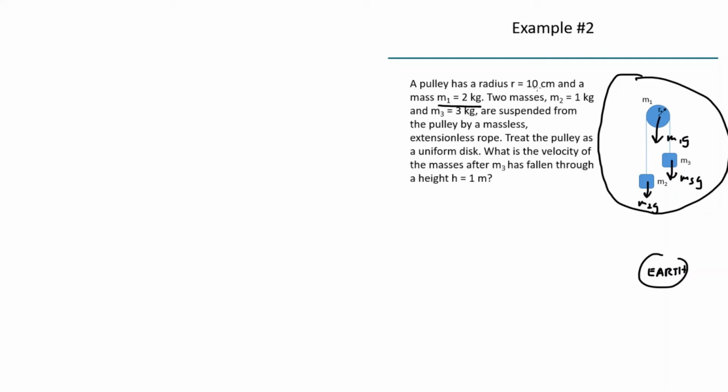The only other external force acting on this system is some force, kind of like a normal force that's holding this pulley up. Now, this normal force, although it is an external force acting on this system, does not do any work, because this pulley doesn't move. This pulley is fixed in place.